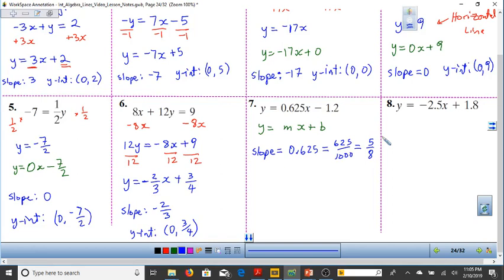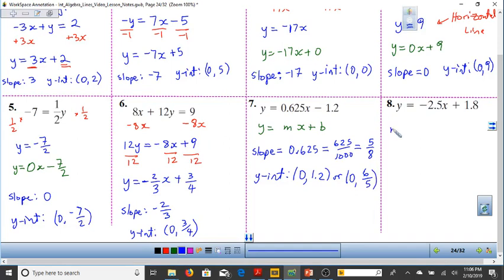So the slope is 5/8 and the y-intercept is the point 0, 1.2, or 0, 12 over 10, or 6 over 5. This one is similar.